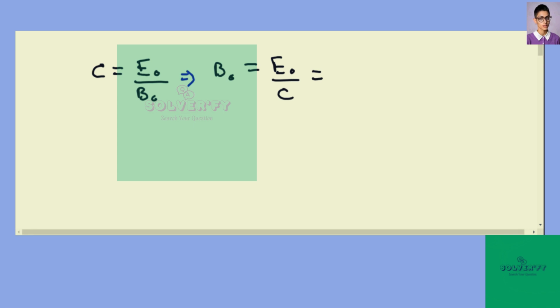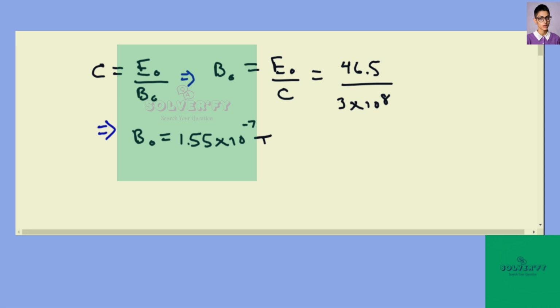We just found the electric field, 46.5, divided by 3 times 10 to the 8th. So for the magnetic field, we get 1.55 times 10 to the minus 7 teslas.